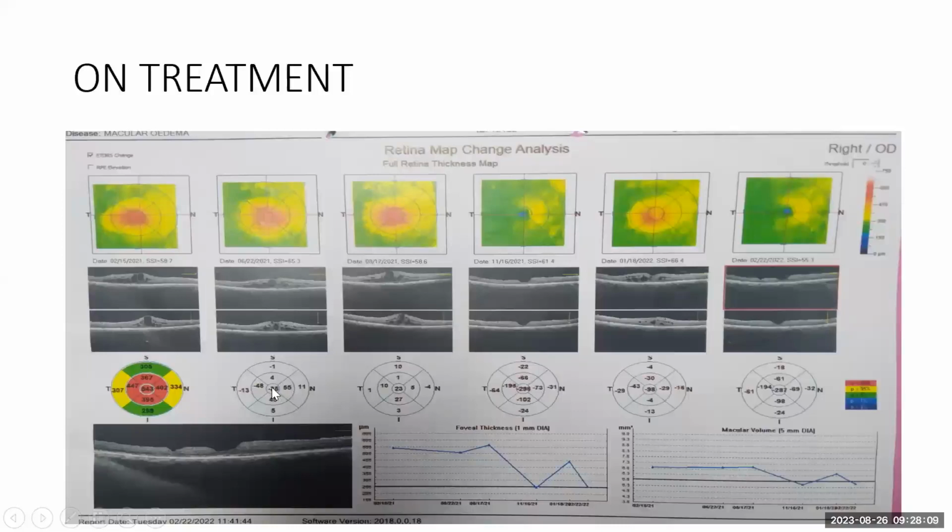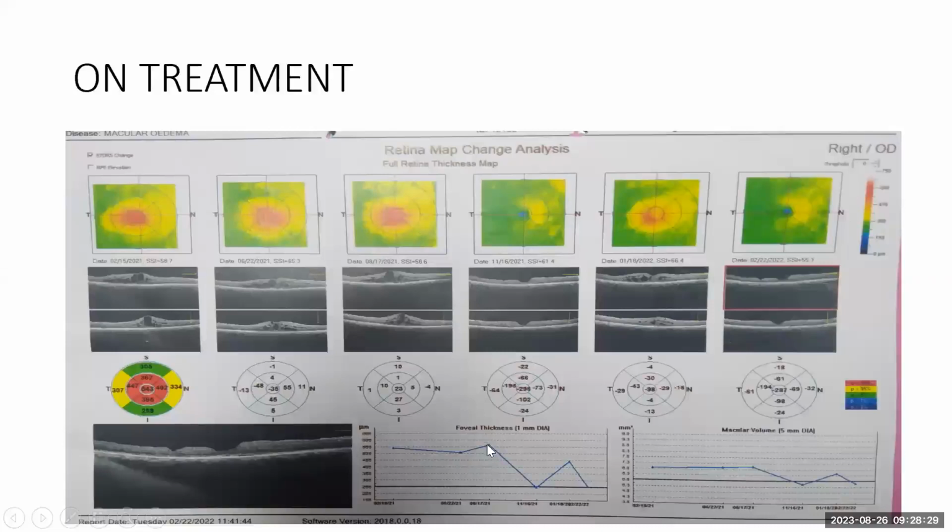In reference to this, you have an increase of 23. This is a plus 23, meaning fluid has reaccumulated here, and compared to this it is a plus of 23. So the map here goes up. Look at it here, okay?